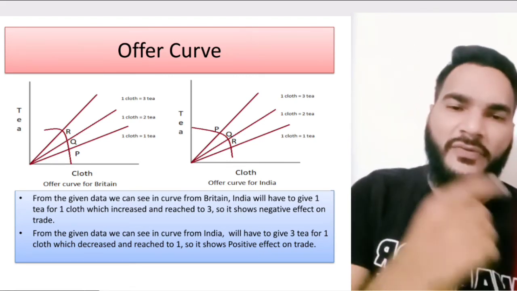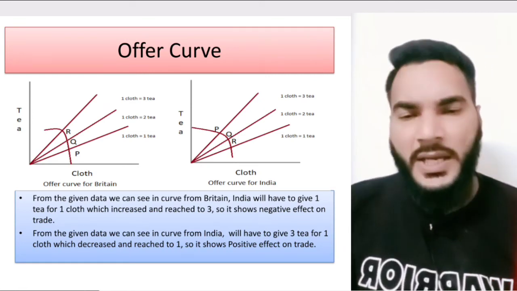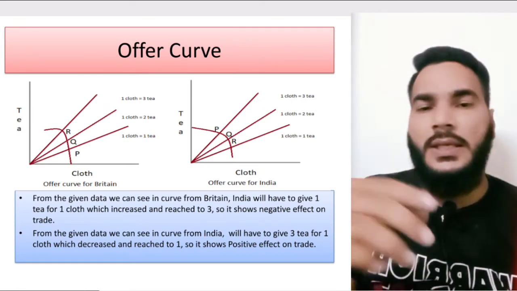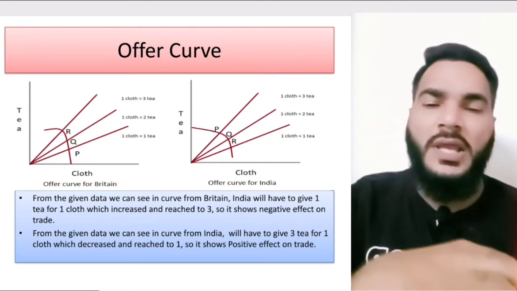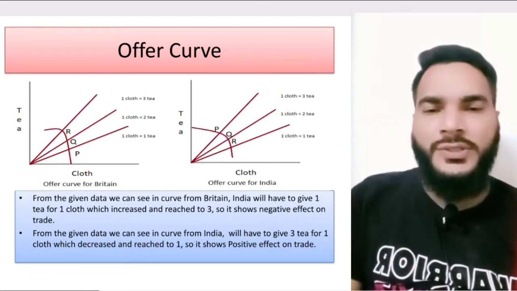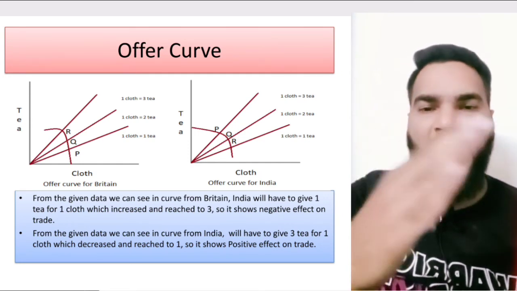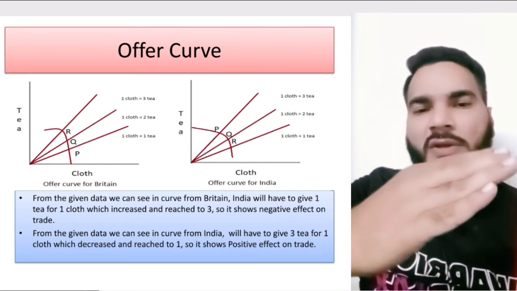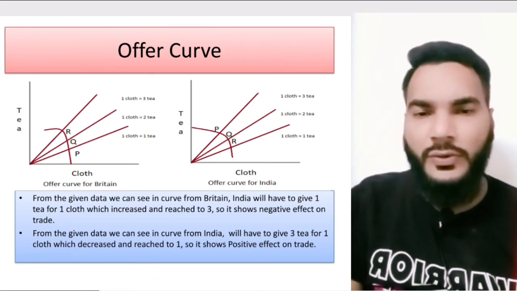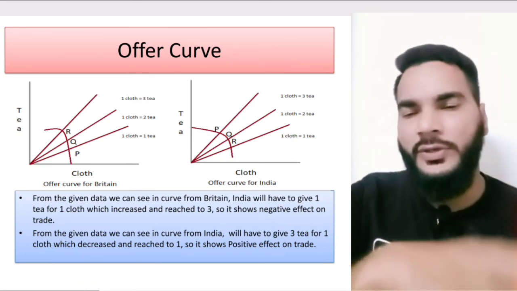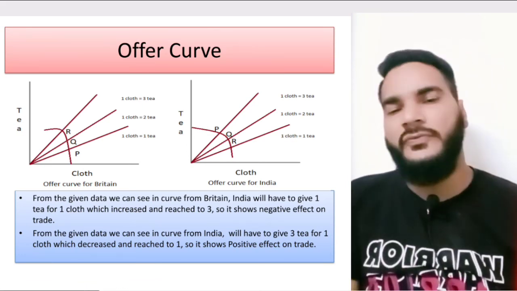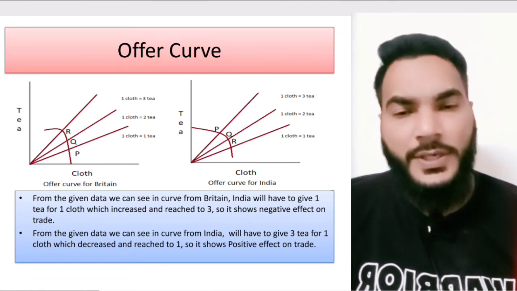And how it is beneficial to India, in the second curve we saw that at the initial stage we were supplying 3 units of tea for 1 unit of cloth, then downward, 2 units of tea for one unit of cloth, then one tea for 1 unit of cloth. That's actually beneficial for our country.